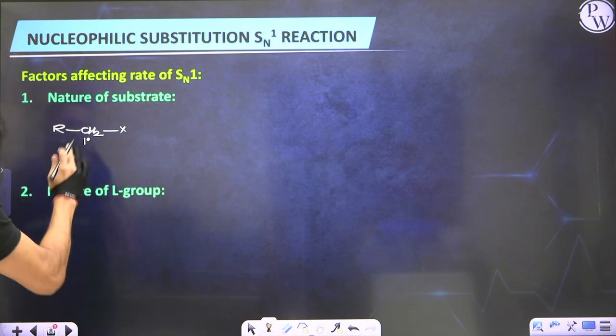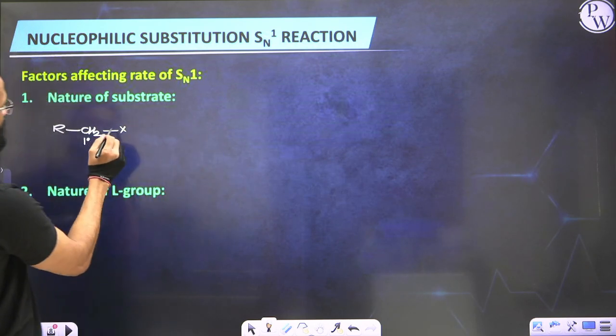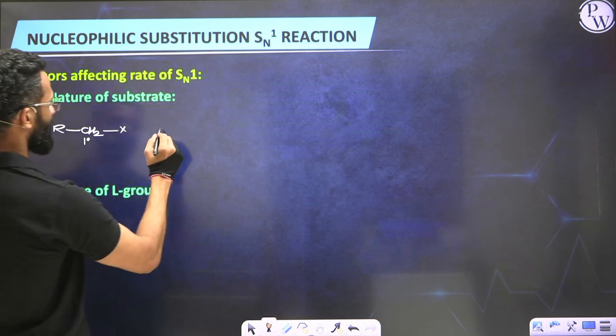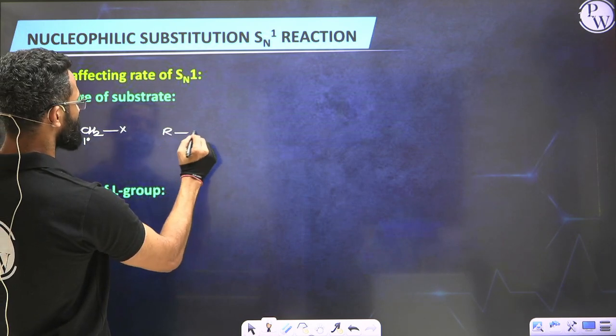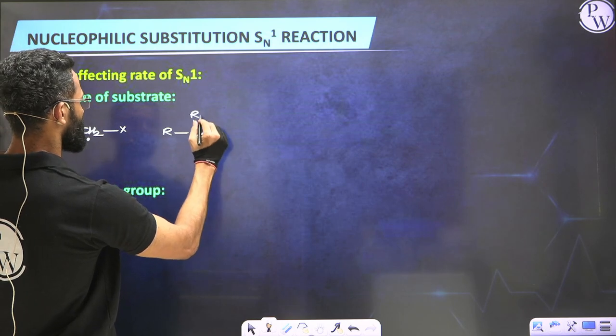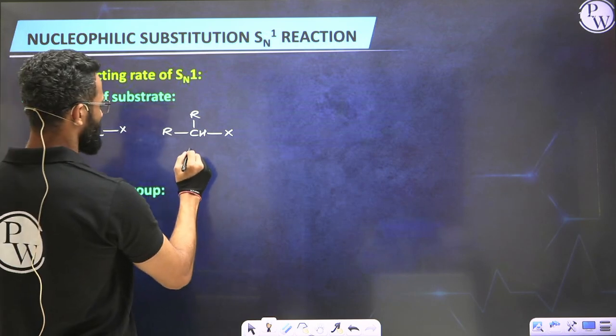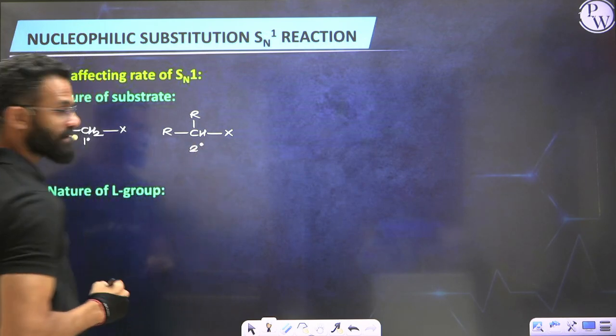So this is a primary alkyl halide. Now I'm putting 2 alkyl groups at the carbon carrying halogen. This is a secondary alkyl halide.